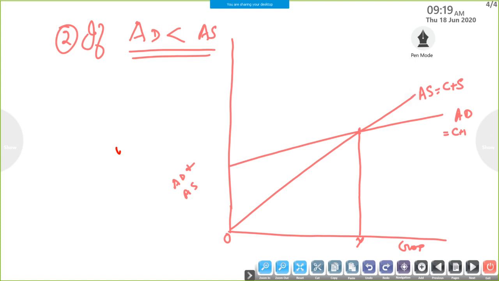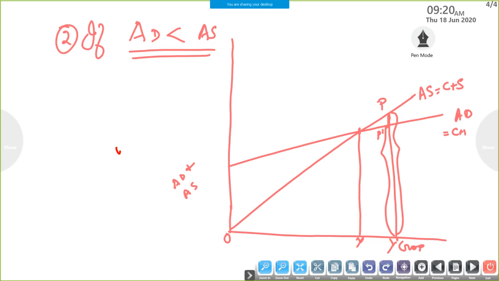So come to this side. Here the AD line is below the AS line. So we can indicate here PY dash, which shows total output of an economy, and here I am giving P dash Y dash, which shows total expenditure of an economy.